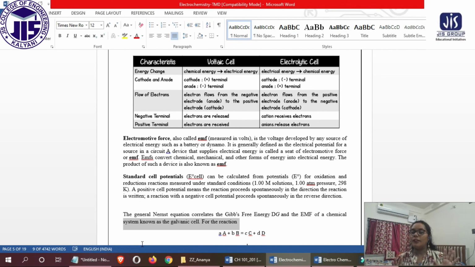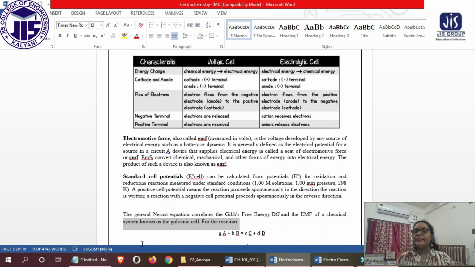Also, we have discussed the cell. What do you mean by a cell? What are the types of cell we have? Generally there are two types of cell, the voltaic cell and the electrolytic cell. In the voltaic cell, chemical energy is converted into electrical energy, and in the electrolytic cell, electrical energy is converted into chemical energy, right.